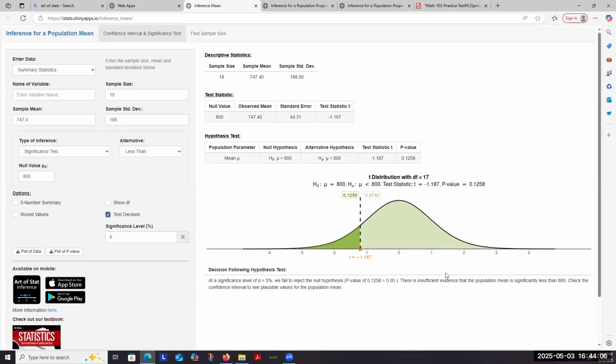Okay, so this format that you got over here, they give you the p-value, but you have to make a conclusion yourself. So the p-value is almost 12%. Your alpha is only 5%. So p is greater than alpha. If p is greater than alpha, do not reject the H0.